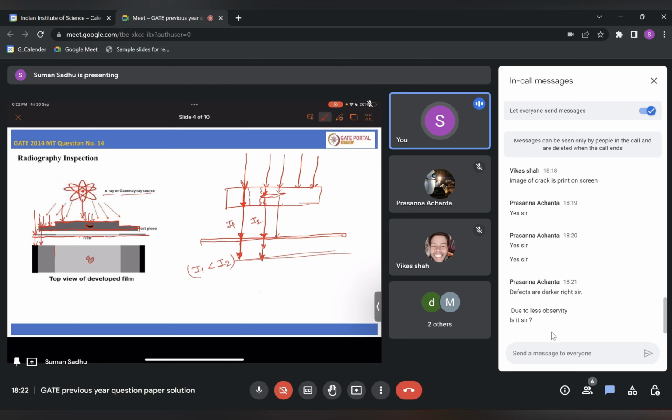Whenever your X-ray passes through any sample, let's say this is an X-ray source, the sample itself will absorb some portion of your X-ray, right? But whenever there is a crack or hole, at that portion the X-ray will be absorbed less. So that means intensity will be more. Are you getting my point?